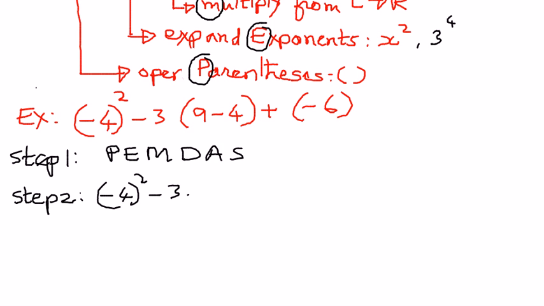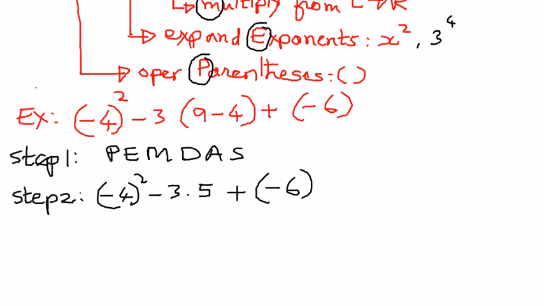We can put a dot there, and then we simplify the terms inside the parentheses. 9 minus 4 is going to be equal to 5, and then plus negative 6. So we can write that negative 6 like that.